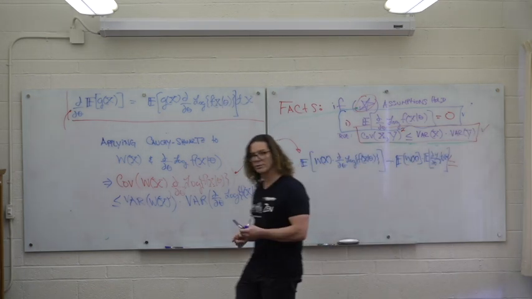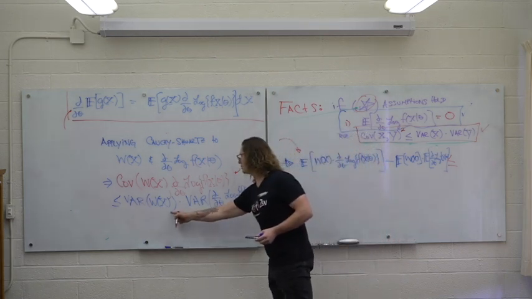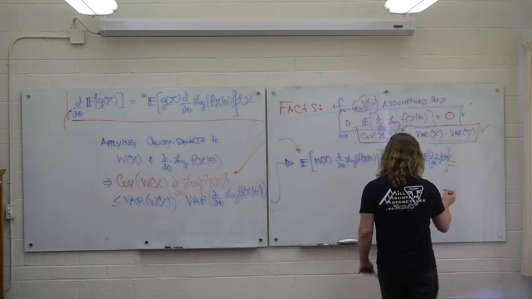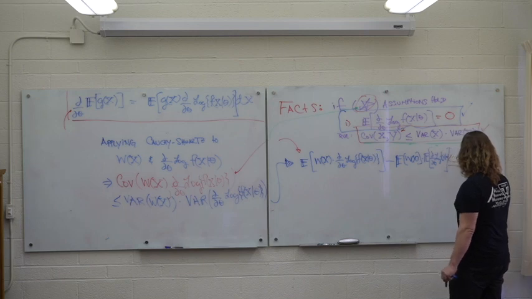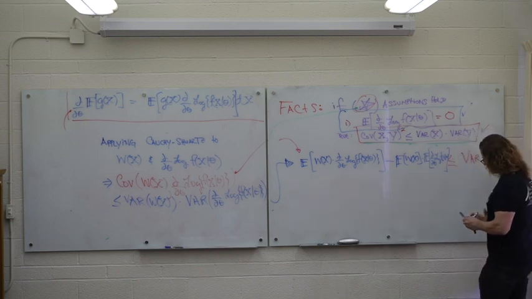That's covariance. This thing is bounded by this still. Variance of W(x).